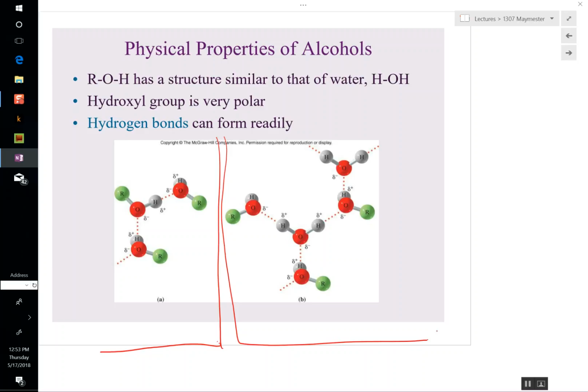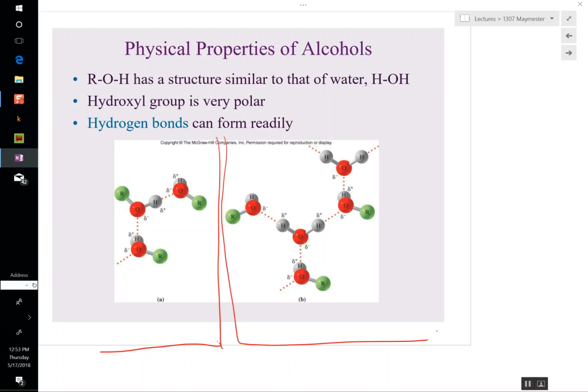This is why a polar compound will dissolve in a polar solvent. The polar solvent is acting like the molecule itself. It has an attraction for the other molecules. So these bonds here are within a molecule. These bonds here are between molecules.